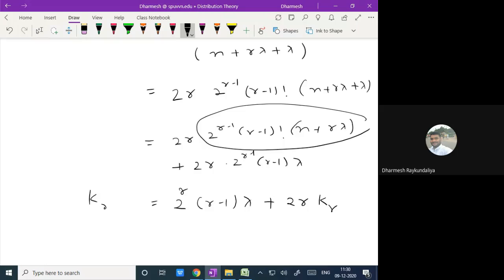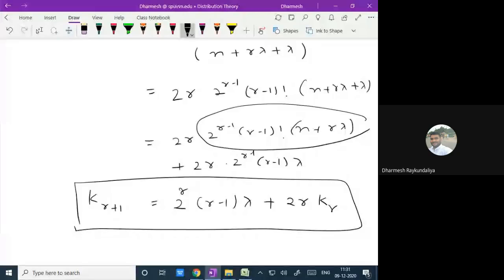This is Kr plus 1, and this is the recurrence relation.